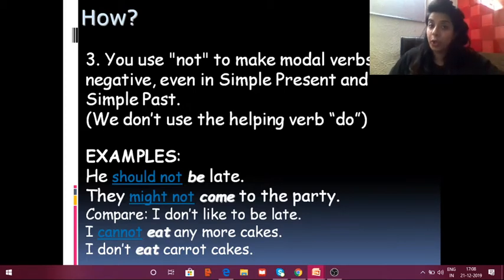They might not come to the party. And if we compare it with I do not like to be late, in that case we have used the helping verb do. But when we are using modals, we do not use the helping verb do. Okay? I cannot eat any more cakes. I don't eat carrot cakes. So this is how we are using modals without do and simply with not.